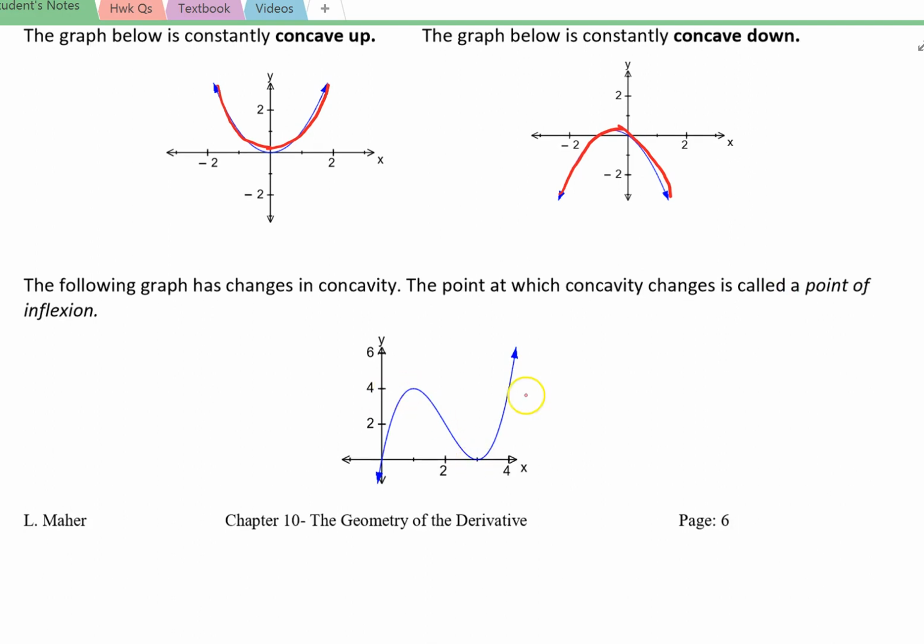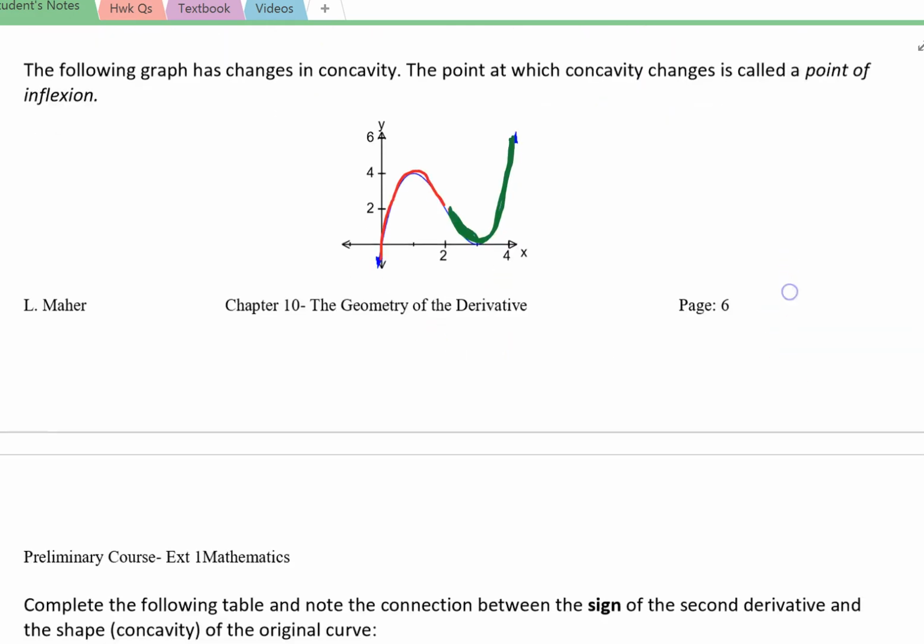This cubic graph has sections where it is concave down, and then it switches and becomes, let's go a different colour, concave up from thereafter. So you can see it is good to know at a particular point whether we are concave down in our shape or concave up.